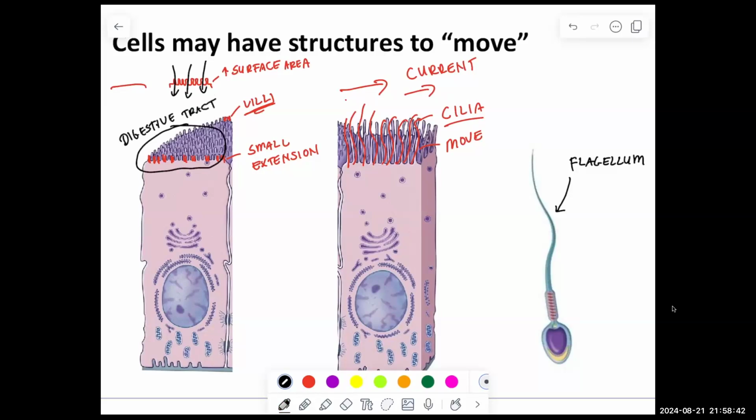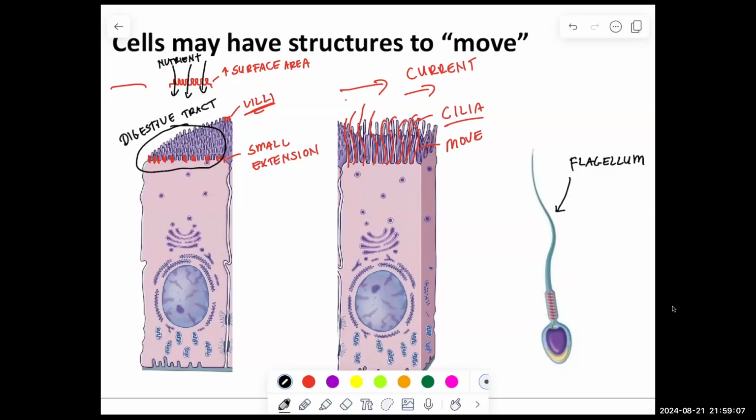Because your digestive tract is trying to move those nutrients into the blood. The villi will move product because they're increasing surface area. Like if it's a nutrient, more surface area, more absorption of nutrients.